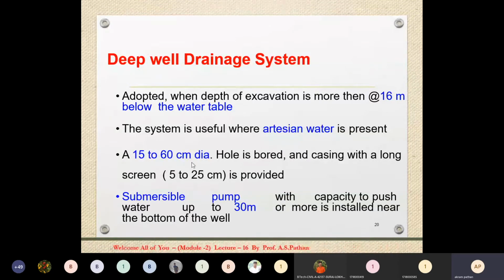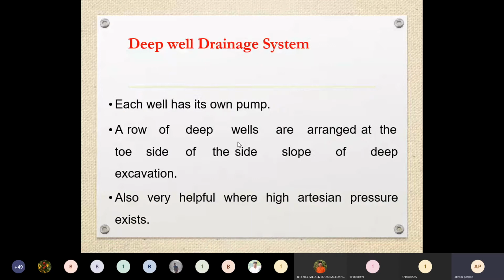So we have to excavate the borehole of about 15 to 60 centimeter in diameter, with casing and long screen of 5 to 25 centimeter, and we require the submersible pump for 30 meter or greater than that for deep well drainage systems.